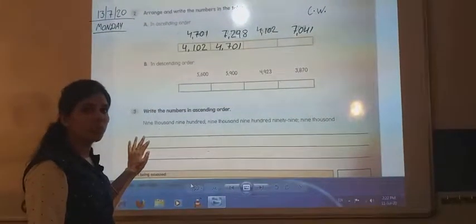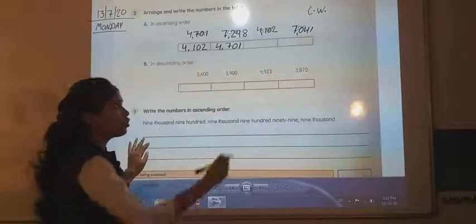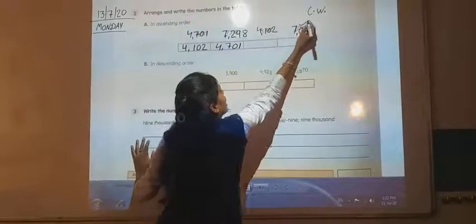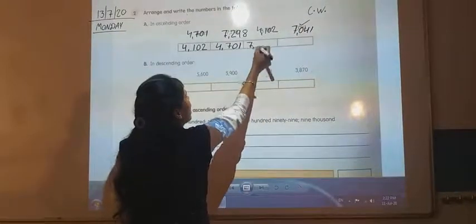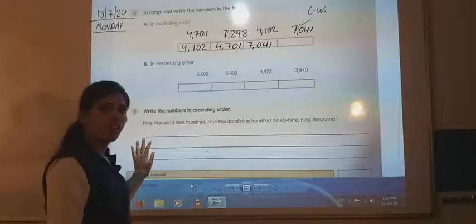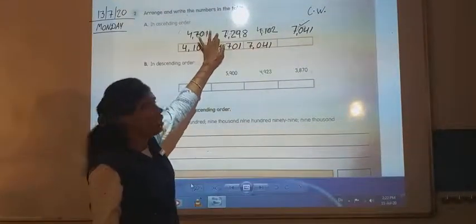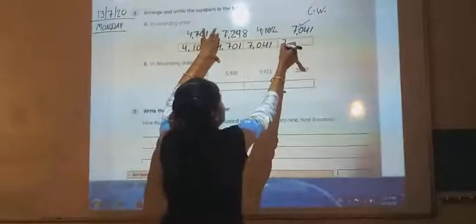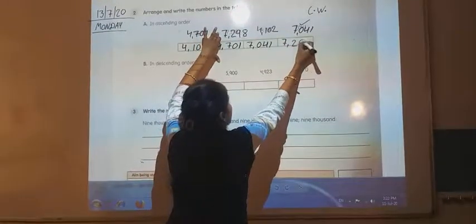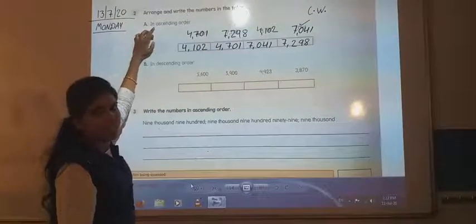Which one is the smaller number? Yes, 0 is smaller. So the next number will be 7041, and at the last the number is 7298. So students, our ascending order is done.